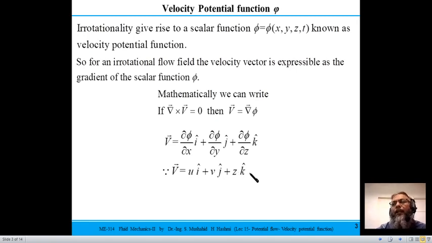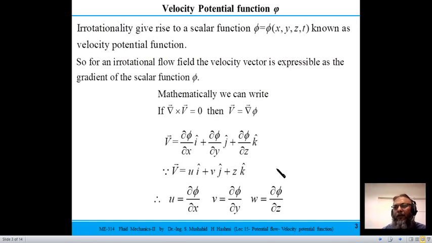Comparing the i components, we can say that u would be equal to ∂phi/∂x. So we can simply write u is ∂phi/∂x, v is ∂phi/∂y, and the w component of the velocity is ∂phi/∂z.